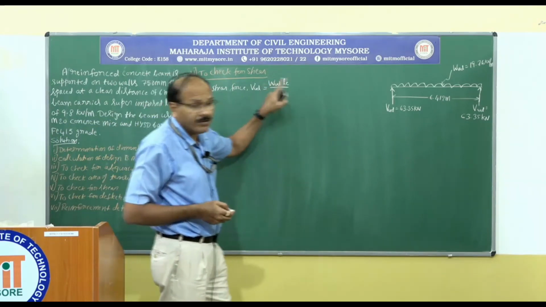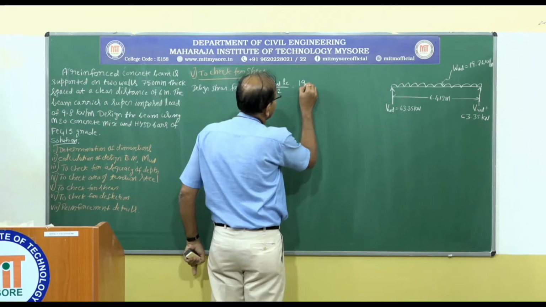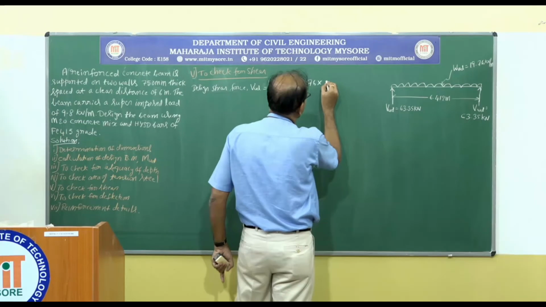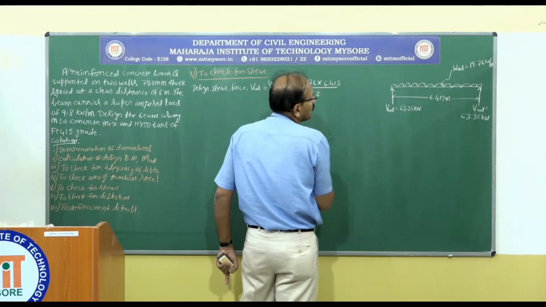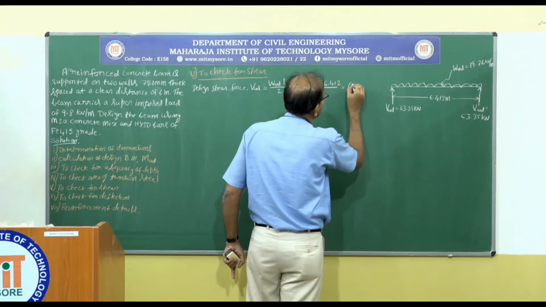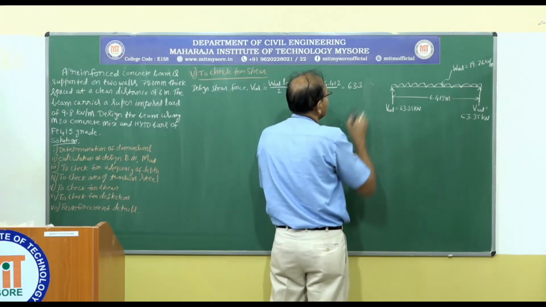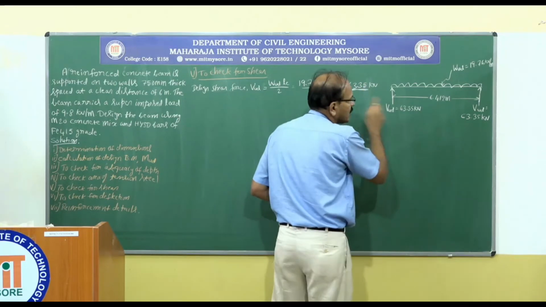So what is WuD? That is 19.76 multiplied by the effective span 6.412 divided by 2, that is equal to 63.35 kilonewton. Okay, that's what I have written here.